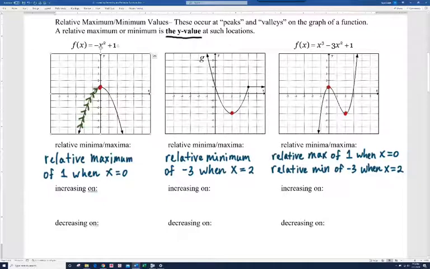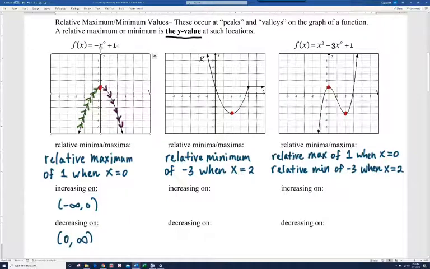You can see we're increasing here, and this occurs when the x values go from -infinity until they get to 0. And then now we're at 0, that's like a turning point. From here on, we're decreasing. So when x goes from 0 to infinity, this graph is decreasing.